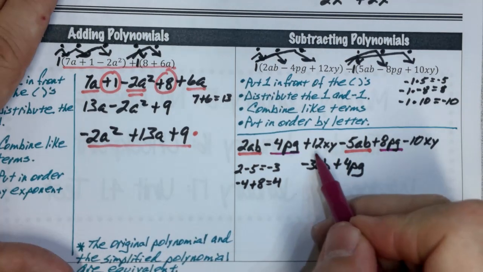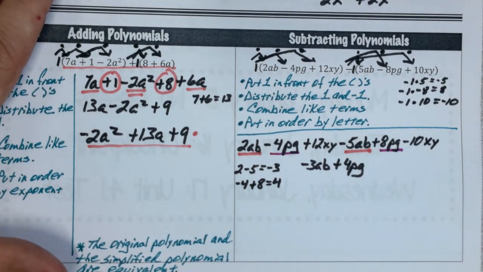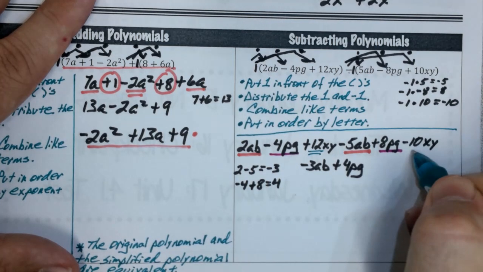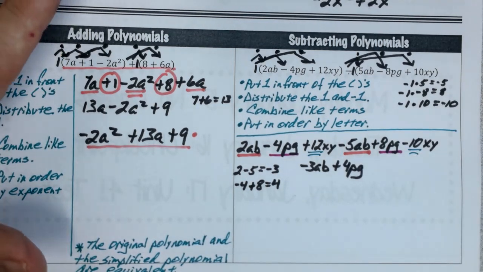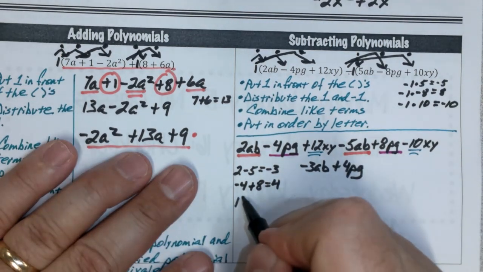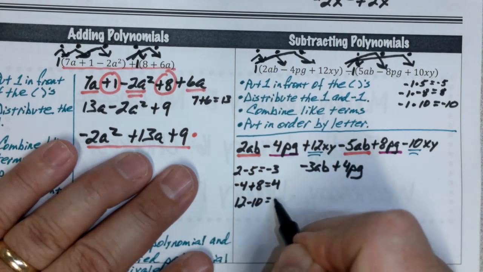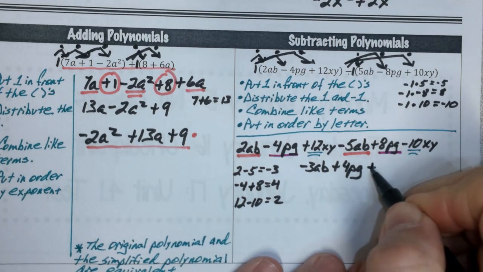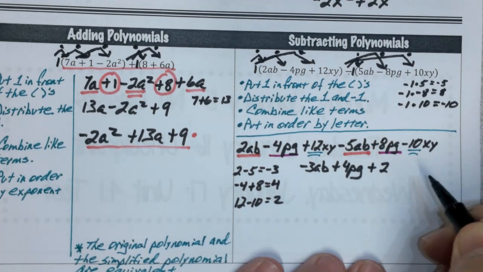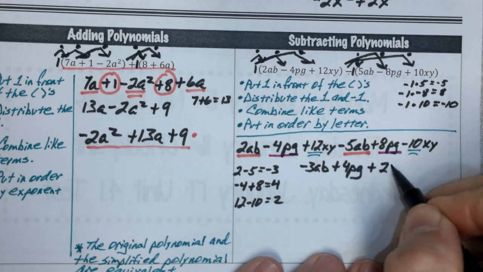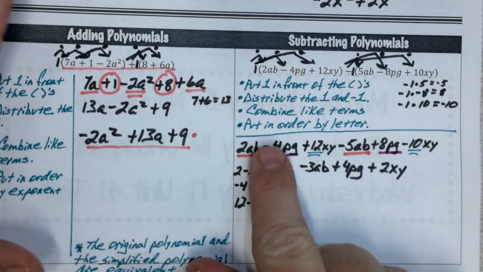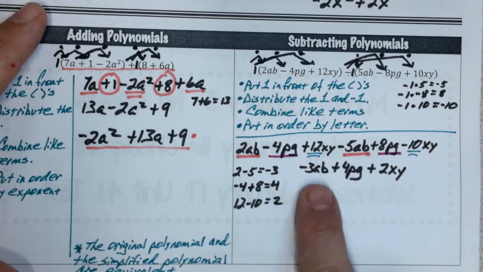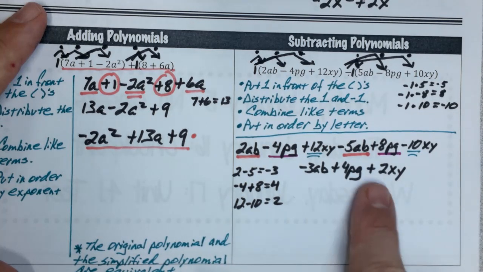And then next, we're going to go plus 12xy minus 10xy. Okay, so that'll be 12 minus 10. That'll give us 2. So 12 minus 10 is 2, so that'll be plus 2xy. And then next it says put it in order by the letter or alphabetical order. So notice these are in alphabetical order, so now we're done.